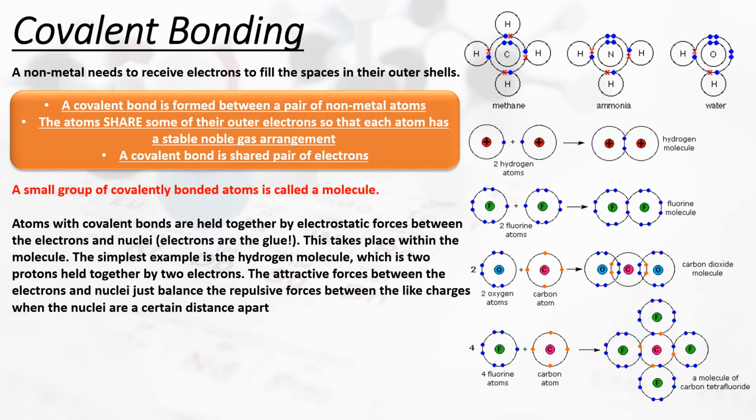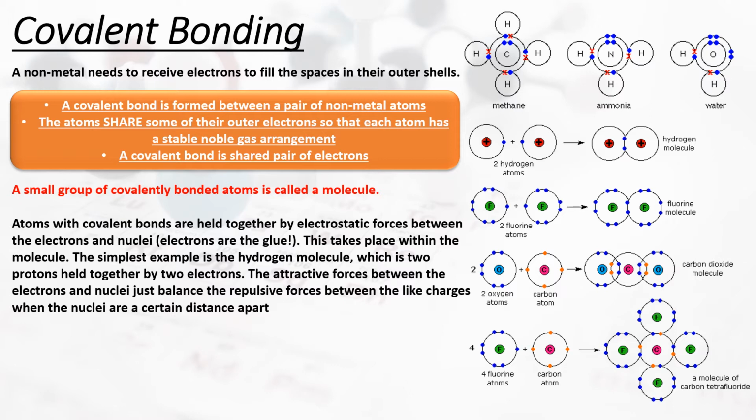And so the attractive forces between the electrons and the nuclei, those oppositely charged electrostatic attractions, just balance out the repulsive forces between the like charges when the nuclei are a certain distance apart. So by bringing them closer together, we get the repulsion of the 2 protons essentially, but we also have the attraction of these electron-proton interactions.